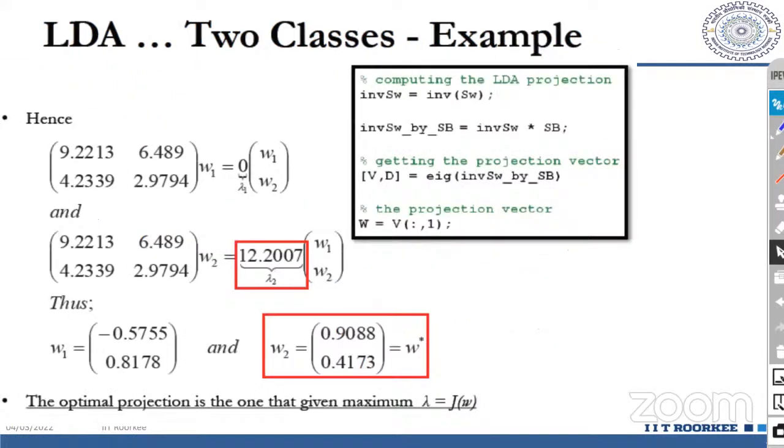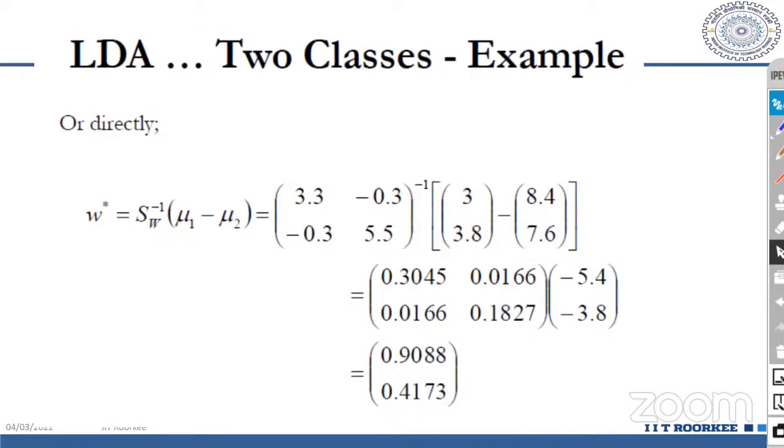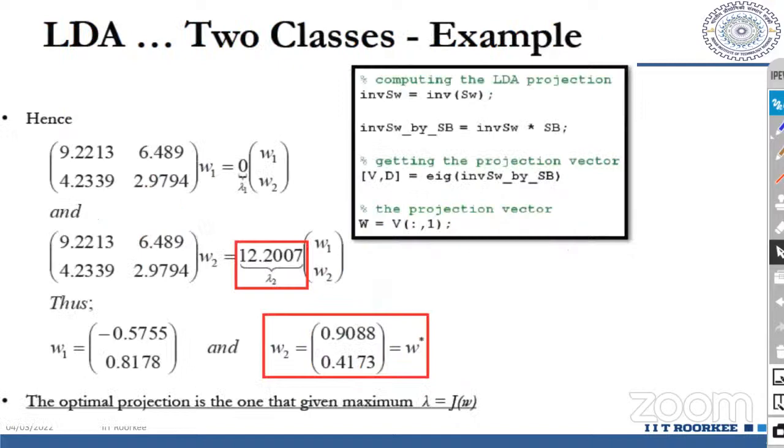That is what we obtain. Or you can obtain this W2 directly by computing SW inverse times mu1 minus mu2. Both are the same: 0.9088 and 0.4173. Either way you can do that.